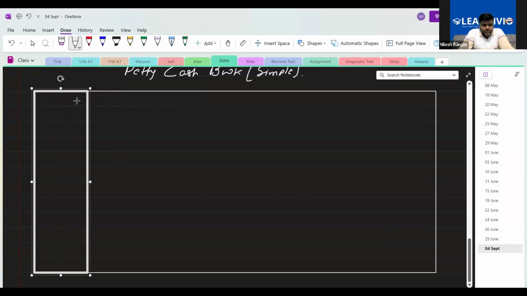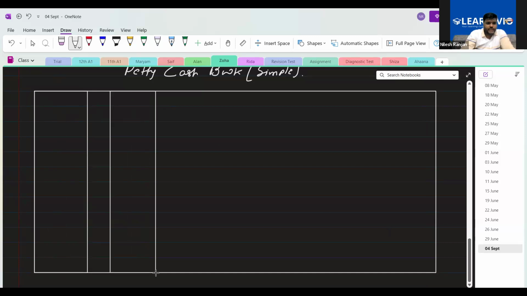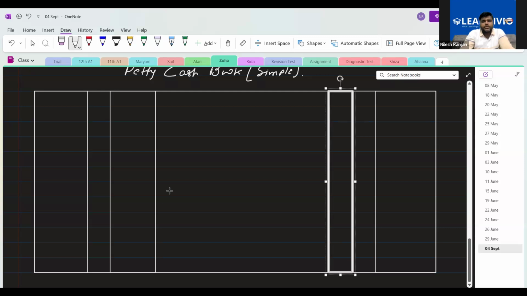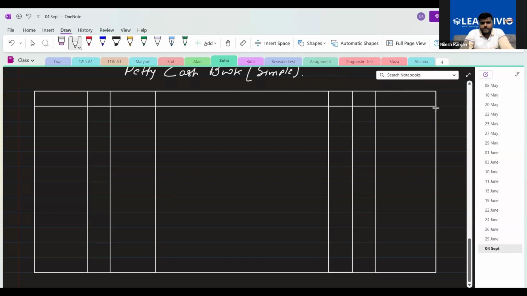Okay, so this is our first column, amount received, then cash book folio, then date, after that particular, and this is one amount, also a ledger folio, and there is one cash book folio I have already written. There are two columns.